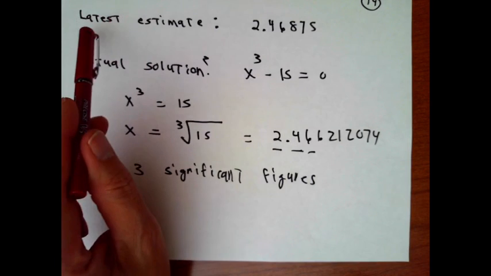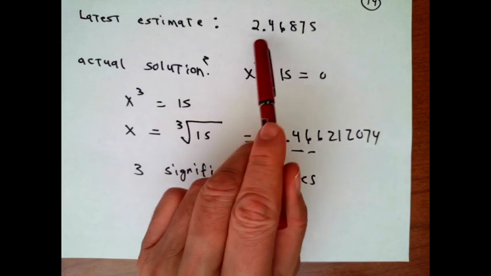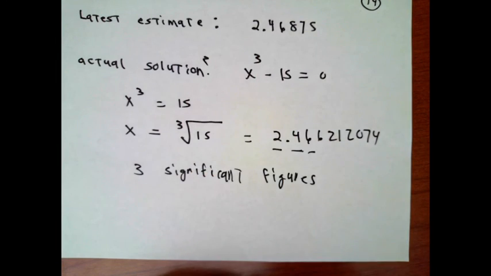If you look at my latest estimate from bisection, I have the 2, I have the 4, and I have that first 6. I've got 3 significant figures correct.